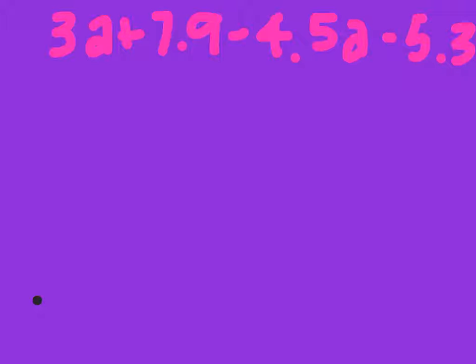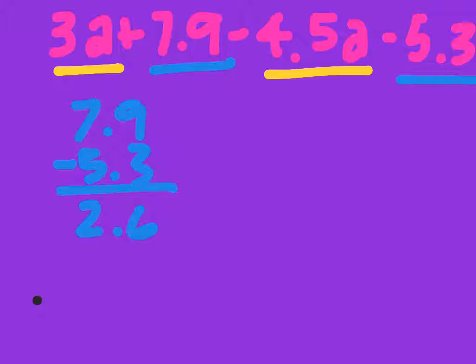Okay, looking for my like terms, I see 3a and -4.5a, and 7.9 and -5.3. So 7.9 minus 5.3 is 2.6, and -4.5a plus 3a is negative 1.5a.